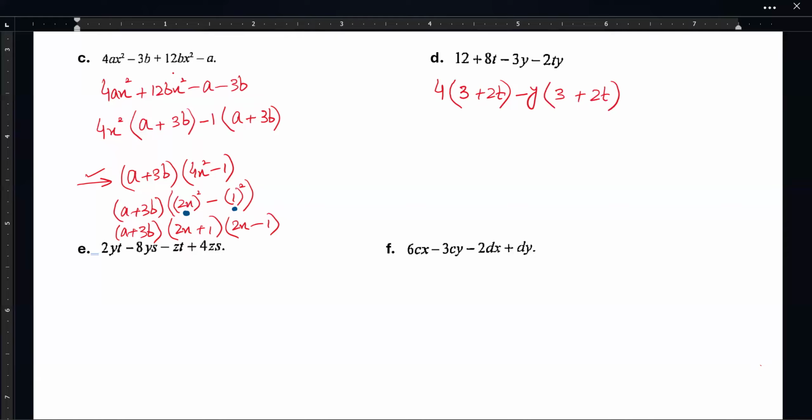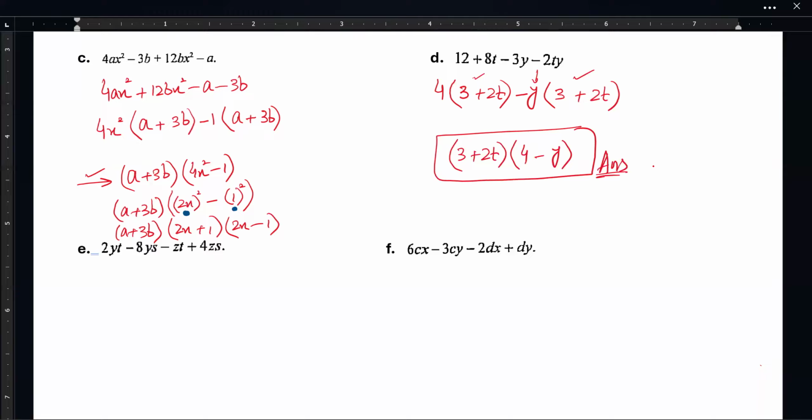A good sign that we found two brackets identical. That's why I will take 3 plus 2t as common. The bracket removes 4, leaving 4, and removes y. This is what we have after the complete factorization.